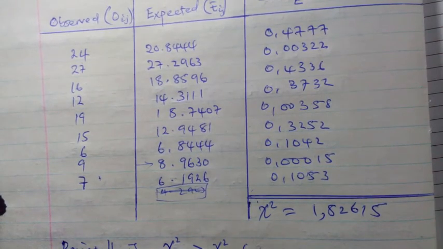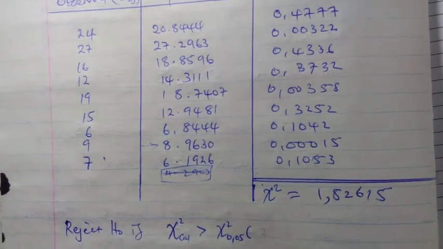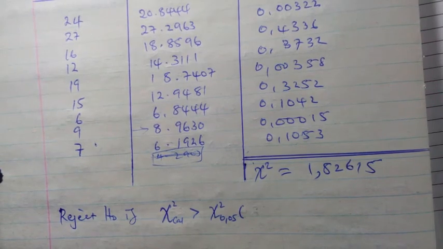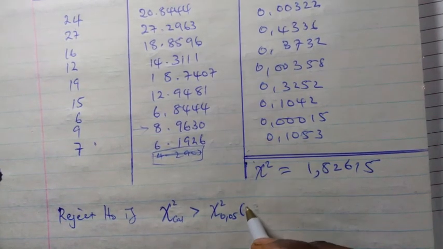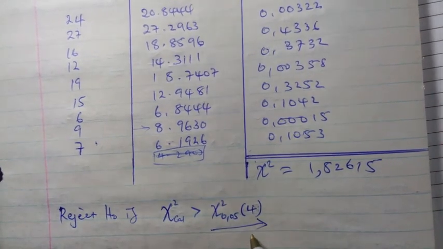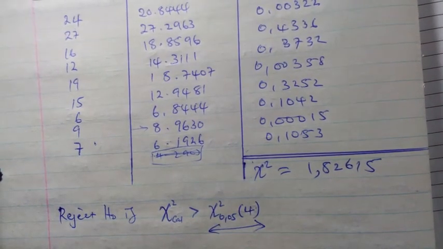Then the next thing is our rejection criteria. We reject H naught, the null hypothesis, if our calculated chi-squared value is greater than the chi-squared critical value from our tables. Here we found that our degrees of freedom is 4, so it will be chi-squared 0.05 with 4 degrees of freedom. We look up this value from our statistical tables.